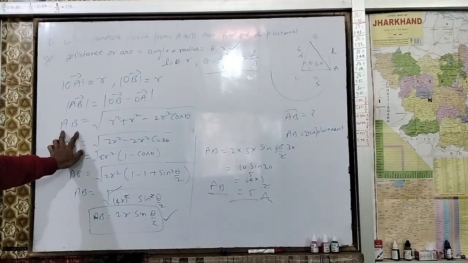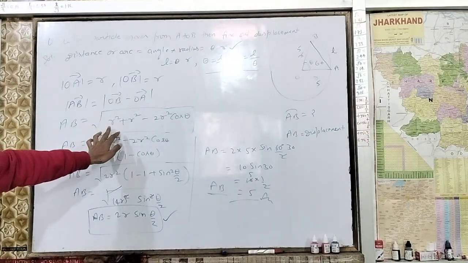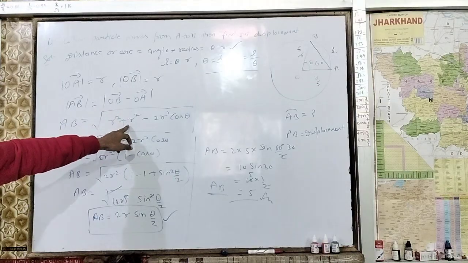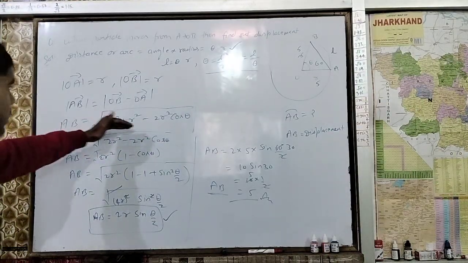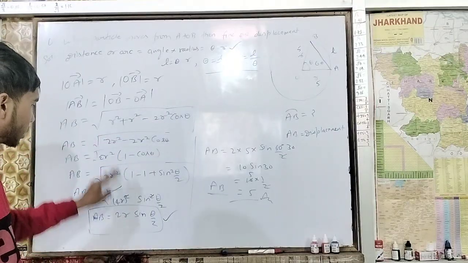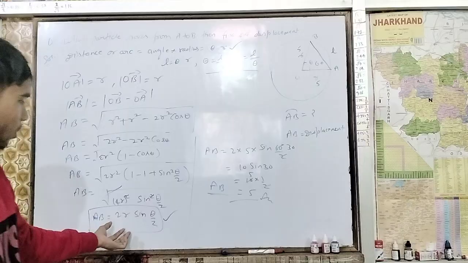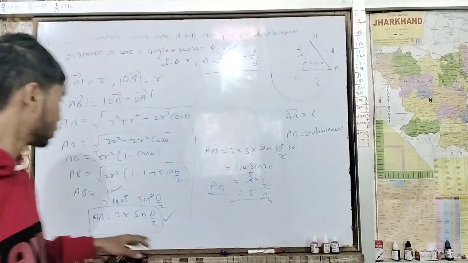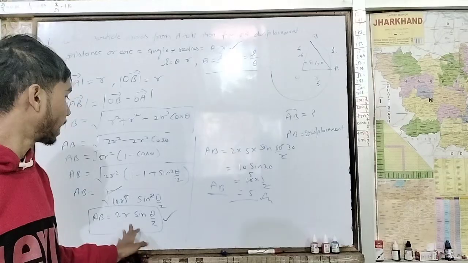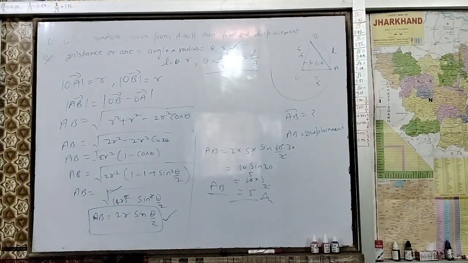Here we know AB will be equal to the square root of R square plus R square minus 2R square cos theta. From here we simplify this, and after simplifying we got this equation. Now our work is to substitute the value of the variable. The variable is R, and we will have to substitute the value of the angle in sin theta upon 2.